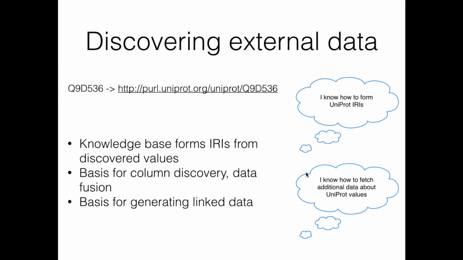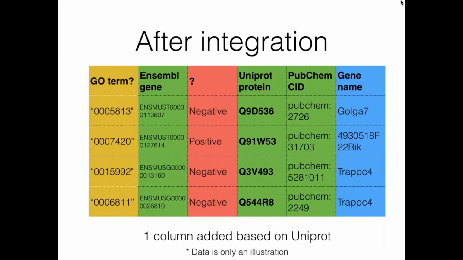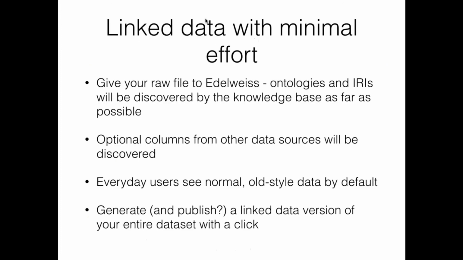So in this case, for example, concretely, it can look like this. We can find this blue column here, the gene name. We can discover gene name based on UniProts, and then suddenly you have more information in your data that you did not have before. And that's just one example. There are maybe 10 or 20 or even hundreds potentially of different columns you can discover from UniProts just based on identifying correctly what is UniProt.